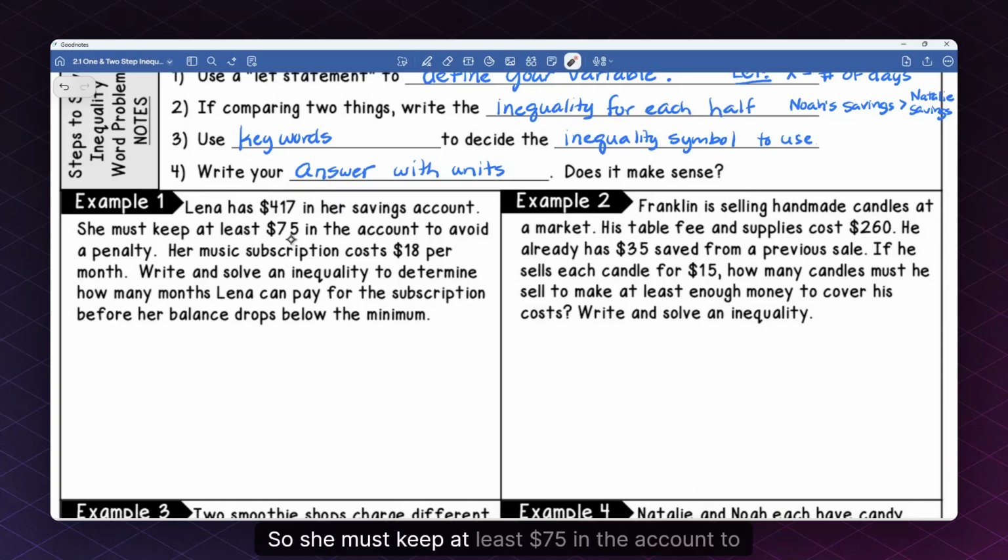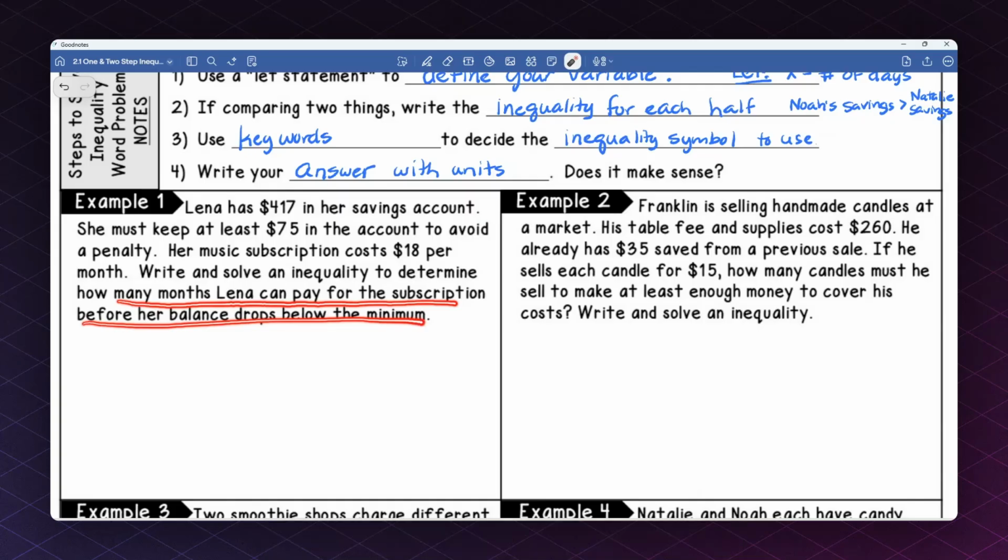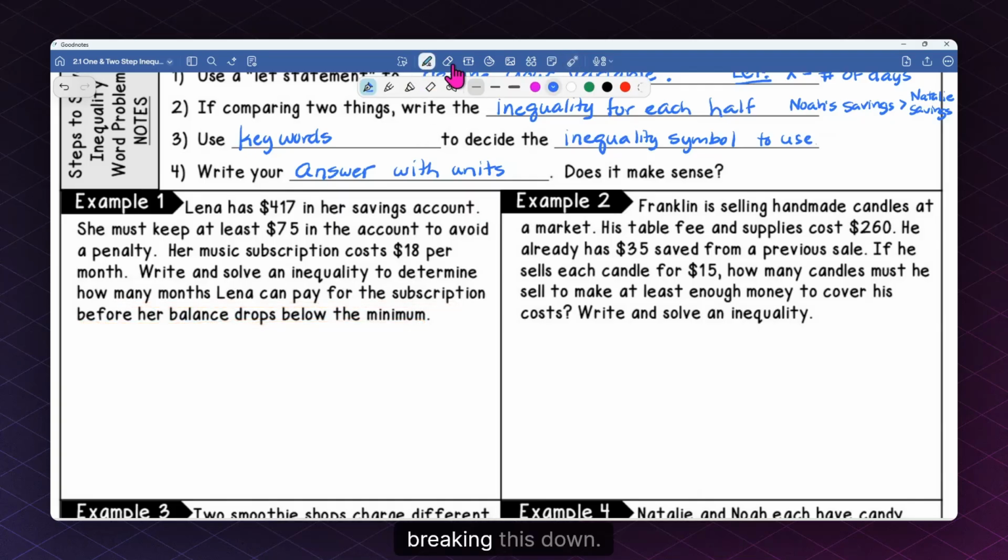So she must keep at least $75 in the account to avoid a penalty. Her music subscription costs $18 per month. Write and solve an inequality to determine how many months Lena can pay for the subscription before her balance drops below the minimum. Okay? So let's start breaking this down.